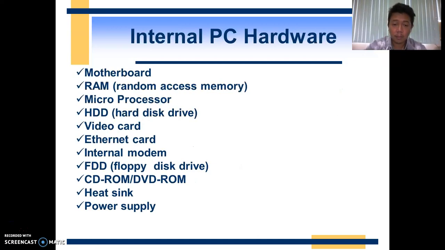Internal PC hardware means it is located inside the system unit. These are the motherboard, RAM, microprocessor, HDD, video card, Ethernet card, internal modem, floppy disk drive or FDD, CD-ROM and DVD-ROM, heatsink, and power supply.